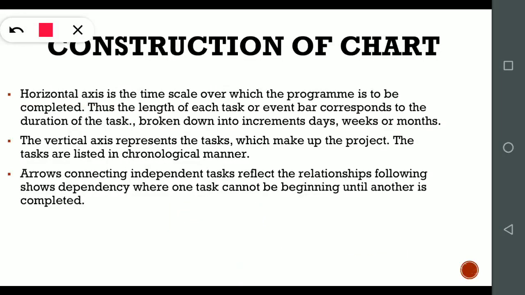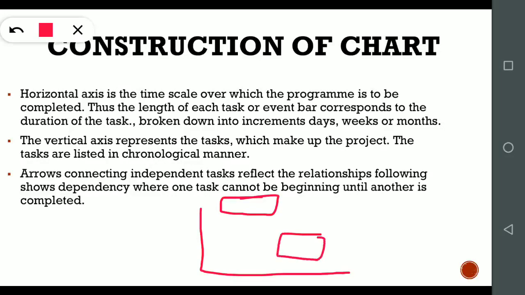Next comes the arrow connecting dependent tasks. It reflects the relationship and shows dependency, where one task cannot begin until another is completed. Like this is a graph. Here is one event, here is another event. When there is an arrow, this arrow shows the relationship between these two events.